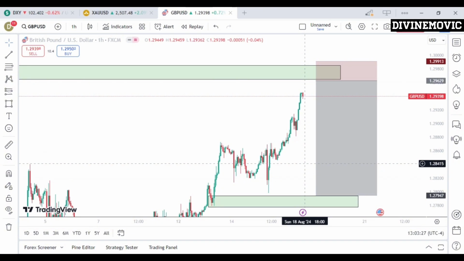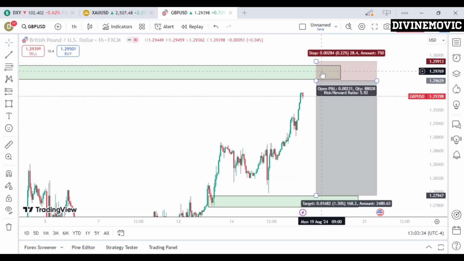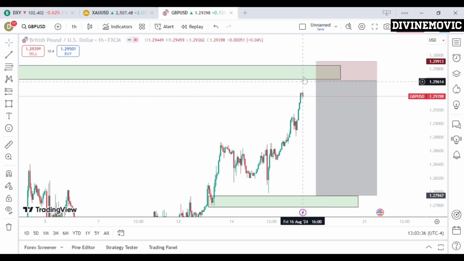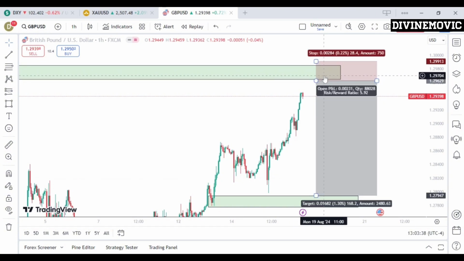If price is going to the upside, then I'll be looking for sell opportunities. That means if price opens tomorrow, being Monday, and starts going to the upside, I'm expecting price to fill this order here and give us a short-term sell. And when price gives us this short-term sell, then I'll be looking for buys to the upside.